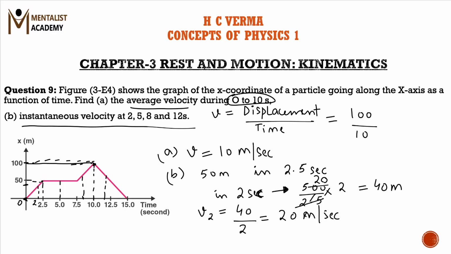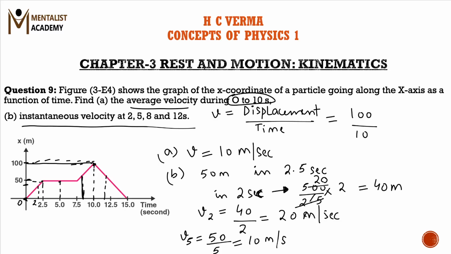So to find the instantaneous velocity at 5 seconds, we just need to see the position at 5 seconds, which is clear from the graph, that is 50 meters. So the instantaneous velocity at 5 seconds would be displacement 50 divided by 5, that is 10 meter per second.